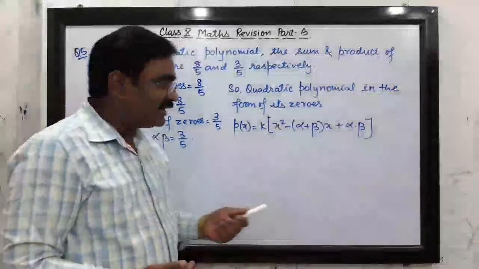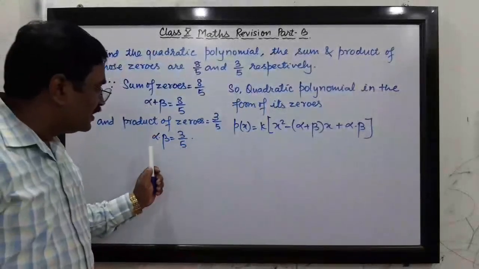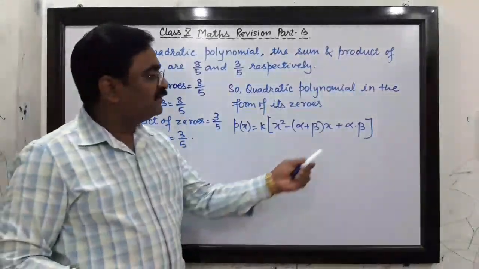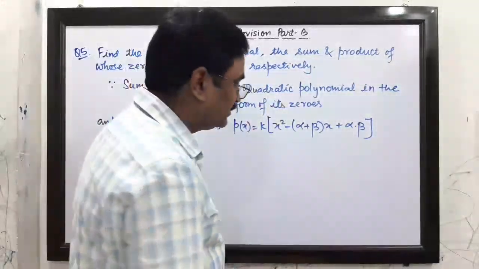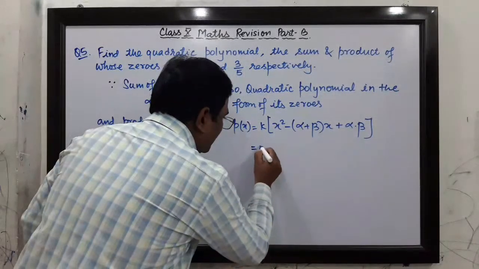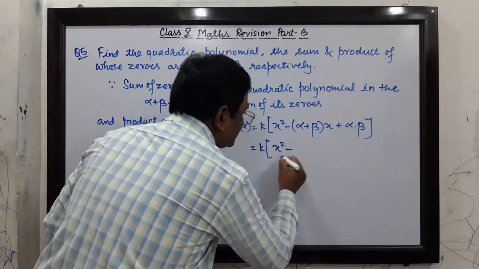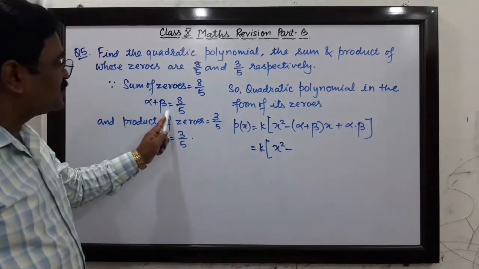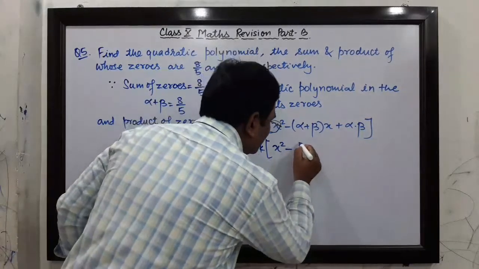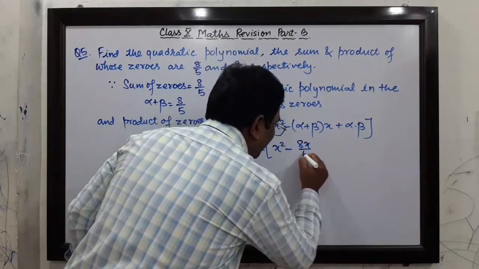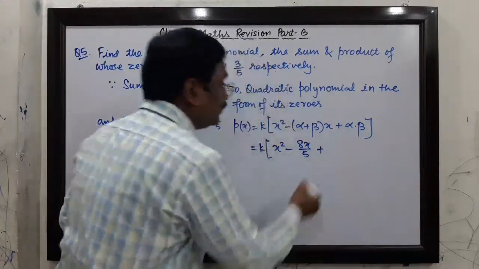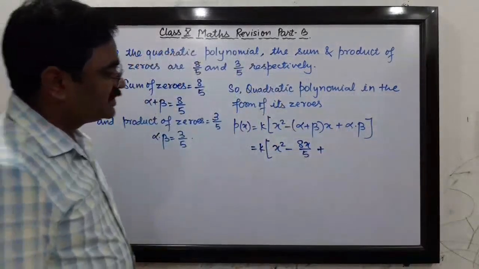अभी हमें सिर्फ क्या करना है, इस सम ऑफ जीरोस अल्फा प्लस बीटा एंड प्रोडक्ट ऑफ जीरोस अल्फा इनटू बीटा की वैल्यू सब्स्टिट्यूट कर देना और सॉल्व कर लेना. So k into x square minus sum of zeros, means alpha plus beta is 8 upon 5. So this can be written as 8x upon 5 plus product of zeros, means alpha into beta, which is 3 upon 5.